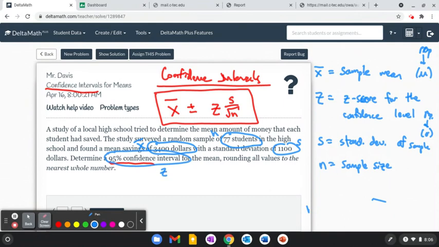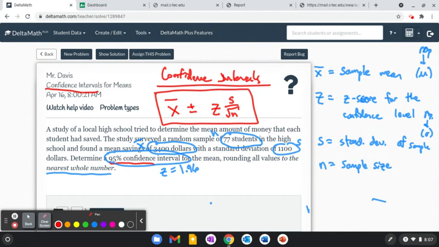Now our z is not going to be 95%. It actually corresponds to z values using our table. And in the next video, I'll talk about where that actually comes from. For now, just know that we're going to use 1.96 for our z. And it says that we're going to round all values to the nearest whole number. That's important here, because they even want us to round our z values, which I'm not a big fan of.